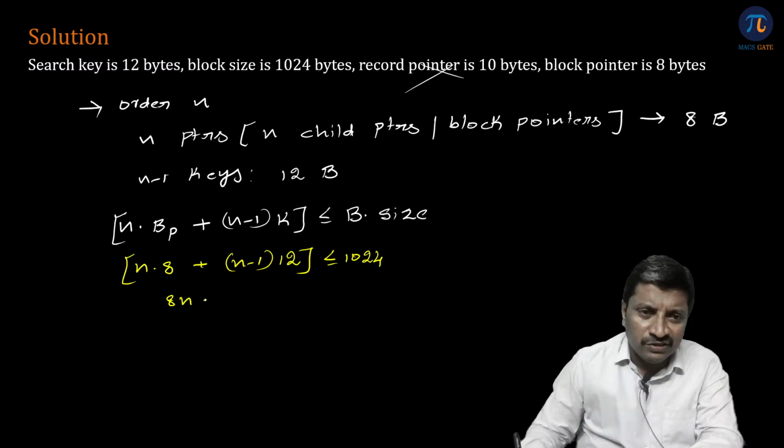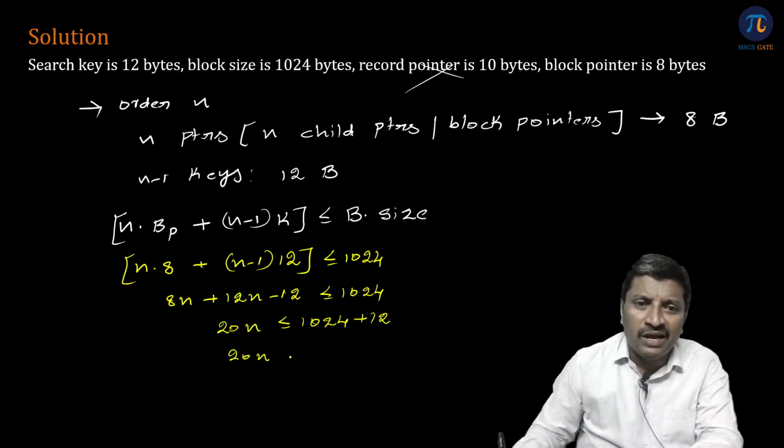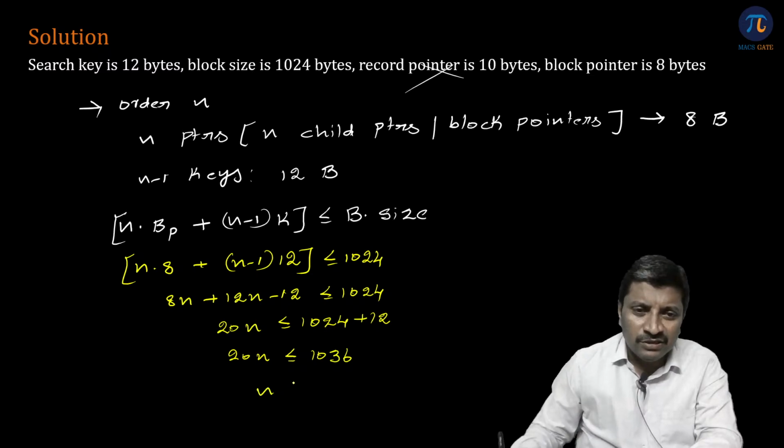Now let us solve it. 8n plus 12n minus 12 less than or equal to 1024. I think this will be 20n less than or equal to 1024 plus 12. Am I right, sir? So 20n less than or equal to 1036. So n is less than or equal to 1036 by 20.